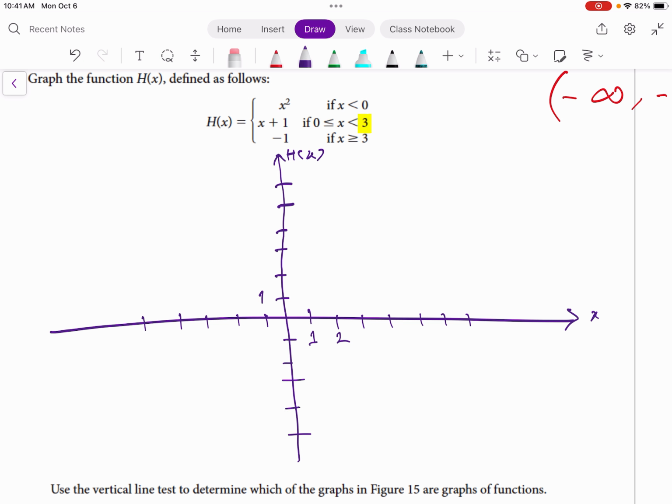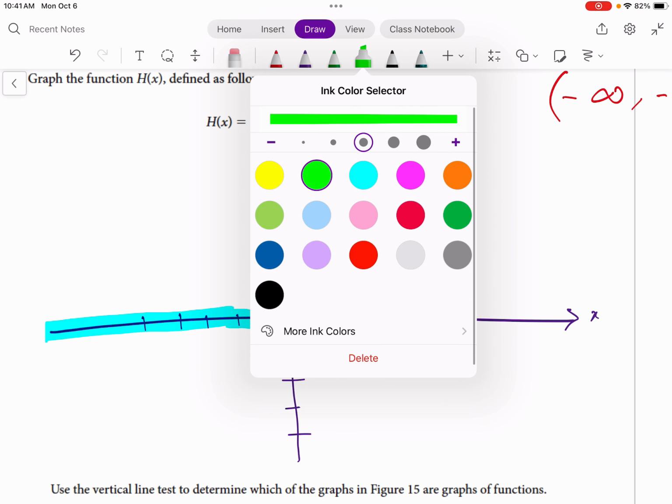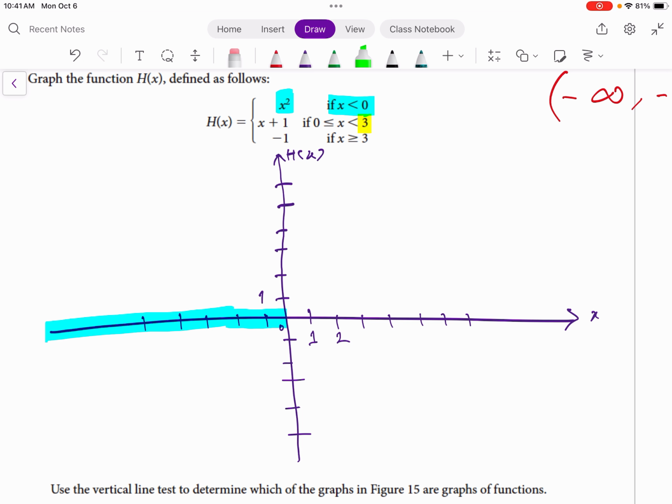Now we have 3 sets of input. The first is x less than 0. Zero is the origin, so we have one set of input from 0 all the way to the left, and that graph is given by x square. The next set of input is any number greater than or equal to 0 and less than 3.